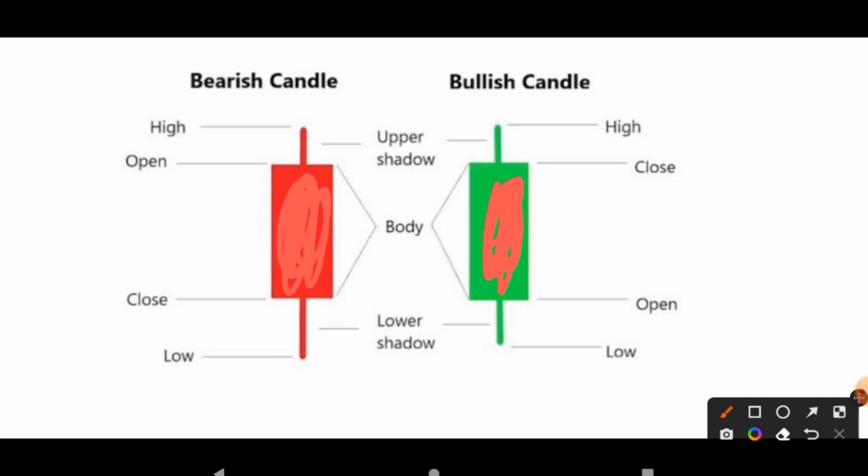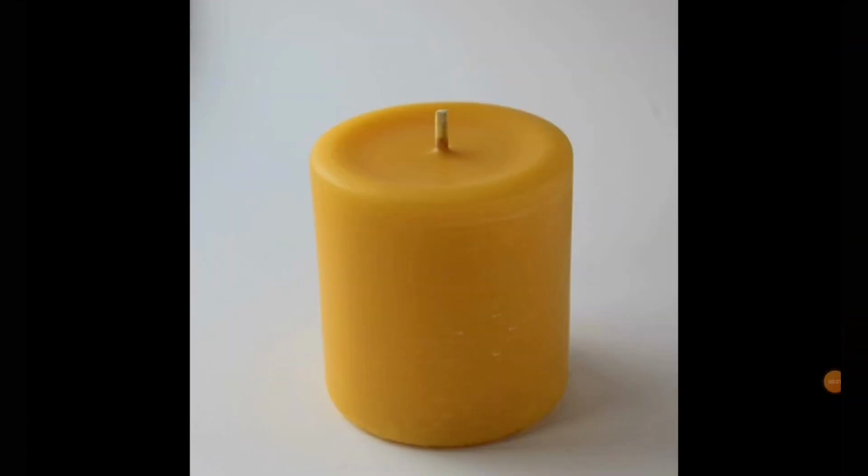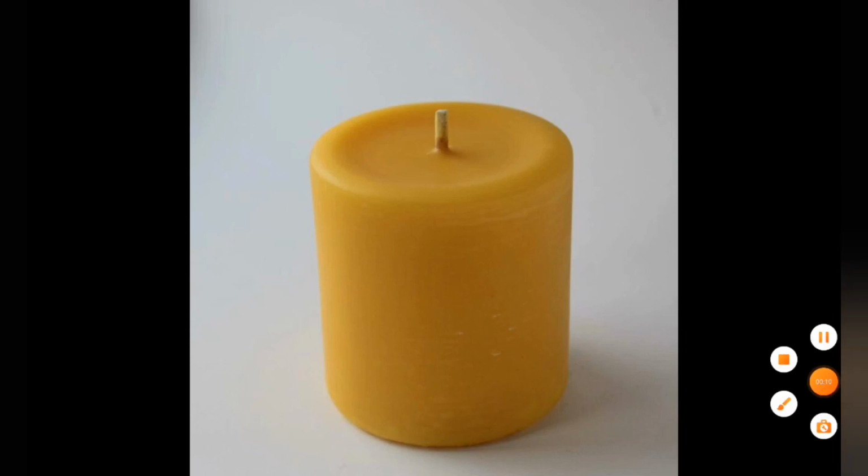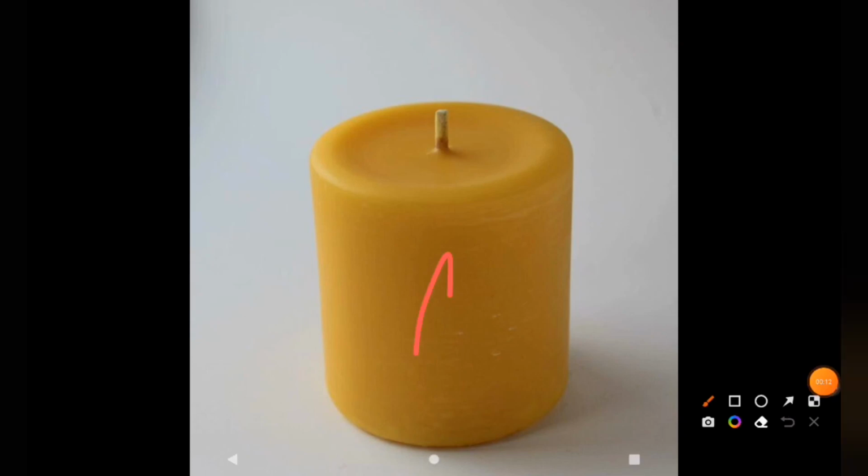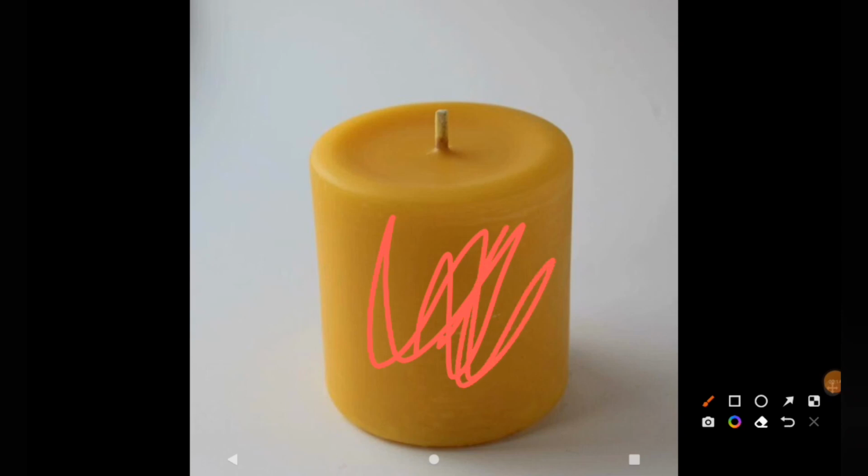You know, I teach very pragmatically so that you see it in real life the way it is and why it's called a candle. Can you see this is what we call a real life candle? It looks like the one we saw before. It has a body, and it has a wick, which is the shadow.